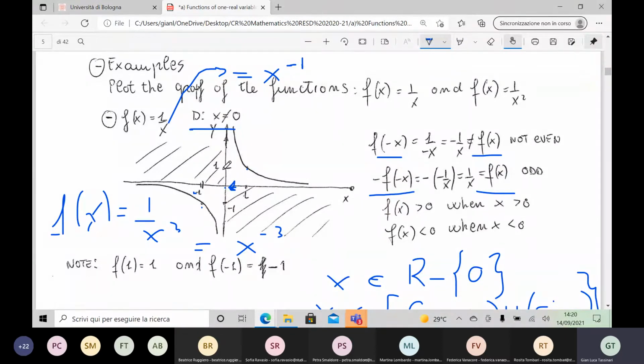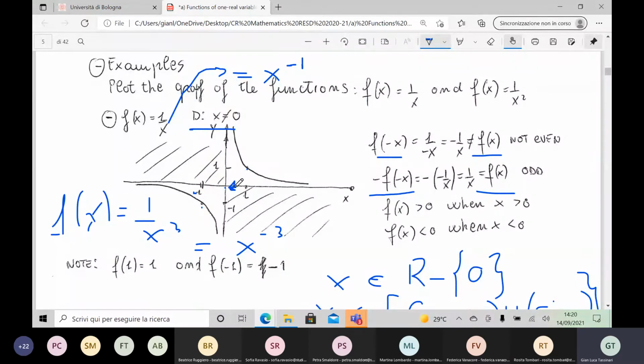They are all symmetric with respect to the origin. They pass in particular through the point 1, 1, and so through the point minus 1, minus 1. As x becomes bigger and bigger, they become closer and closer to the horizontal axis. As x becomes smaller and smaller, that is more and more negative, they again approach the horizontal axis without reaching it.